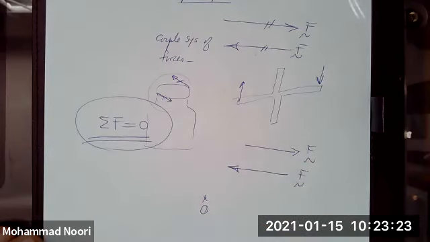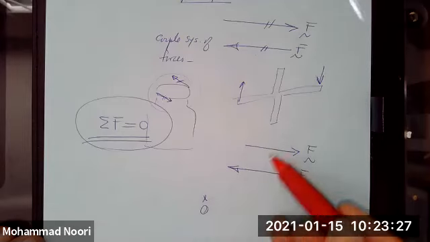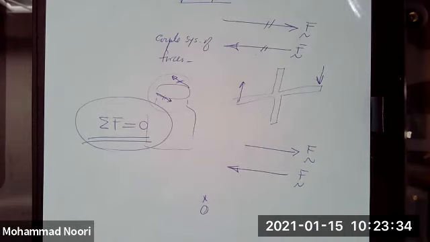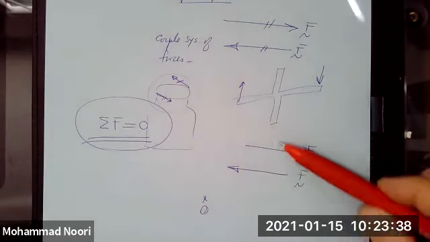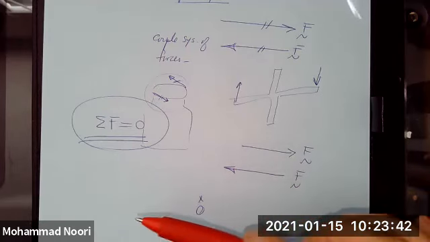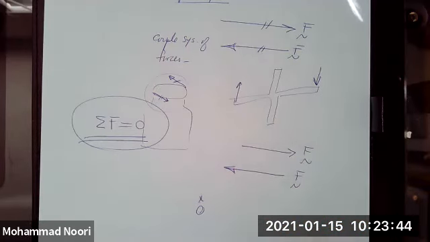In other words, they cannot move the object in a translational direction, because that action is zero along any direction.